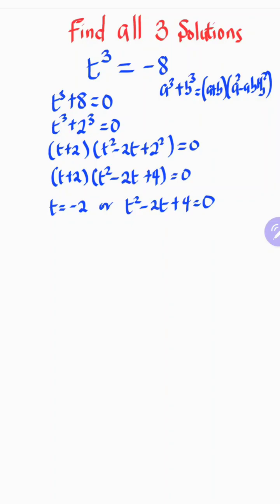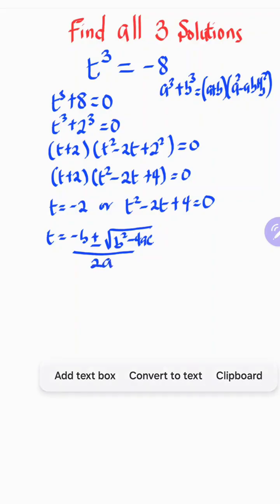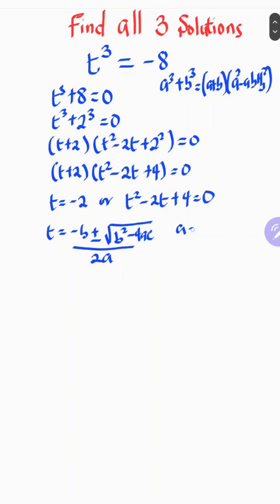To solve this quadratic equation, we can use the normal quadratic formula, that is t equals minus b plus or minus root b squared minus 4ac, everything divided by 2a. From here, a equals 1, which is the coefficient of t squared, b is -2, and c equals 4.